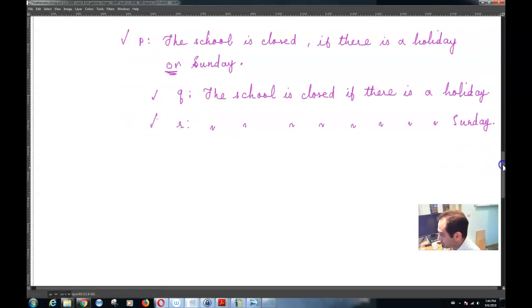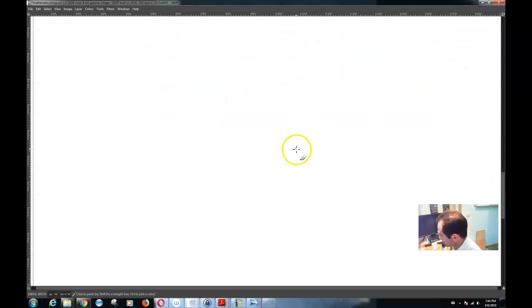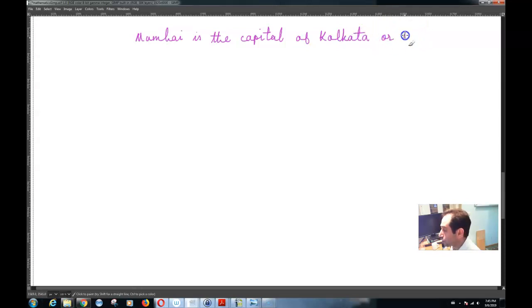Now another example here is: Mumbai is the capital of Kolkata or Karnataka.